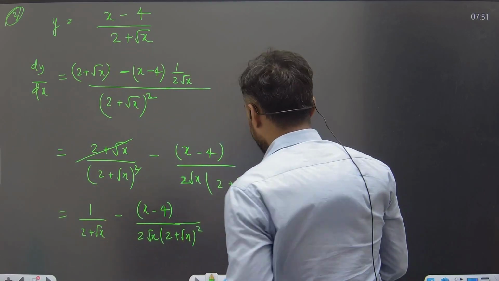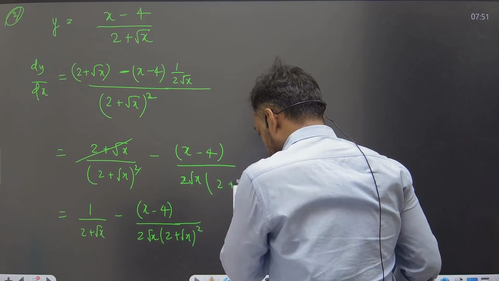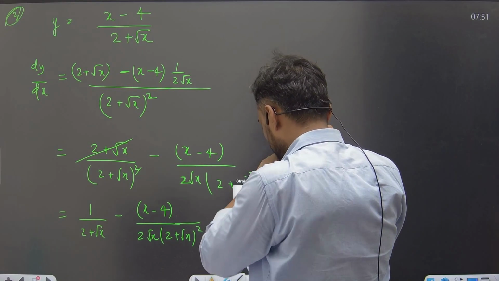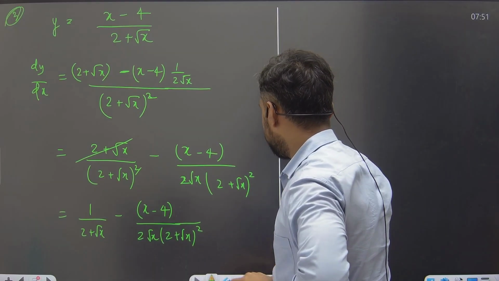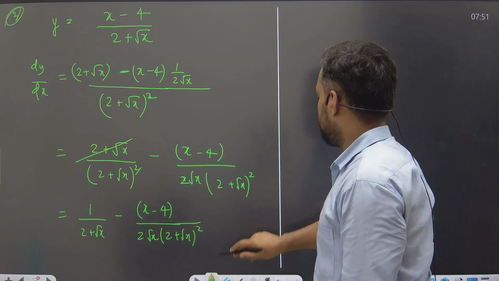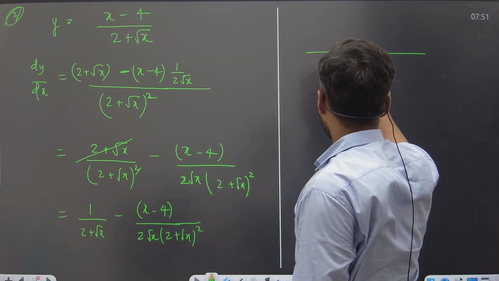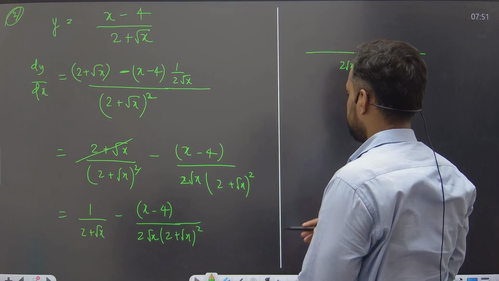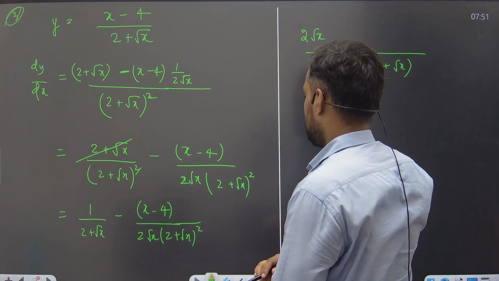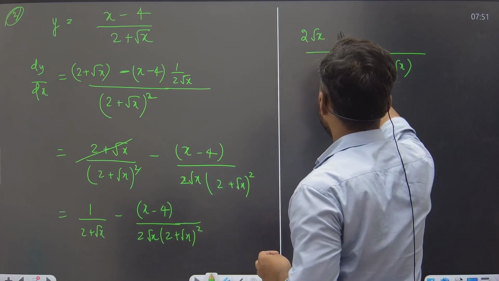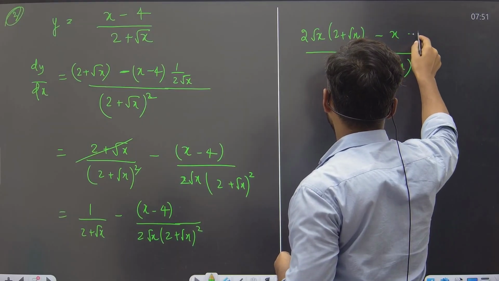We can take the LCM part here, students. Let's do it. So what will be the LCM here? The LCM will be 2 root x into (2 plus root x) whole square. So here you will get 2 root x into (2 plus root x) minus (x minus 4).